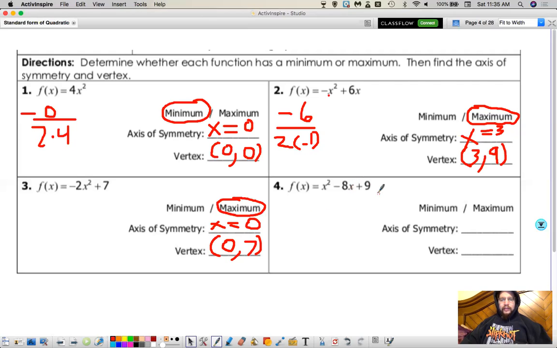On this one, we got everything. So negative 8 over 2 times 1. That's positive 8 over 2 is 4. Plug it in however you want to. 16 minus 32 is negative 16 plus 9 is negative 7.